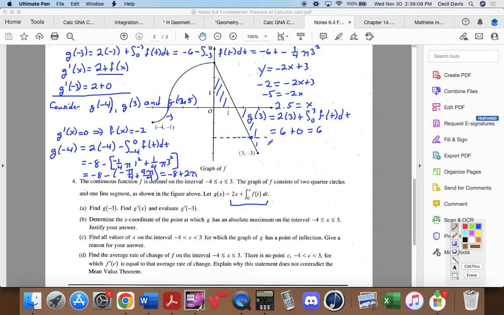And then g of 2.5 is going to be 2 times 2.5 plus the integral from 0 to 2.5 of f of t dt. That's going to be 5 plus, well, I've got this first triangle, and then the second triangle is not the same size, is it?